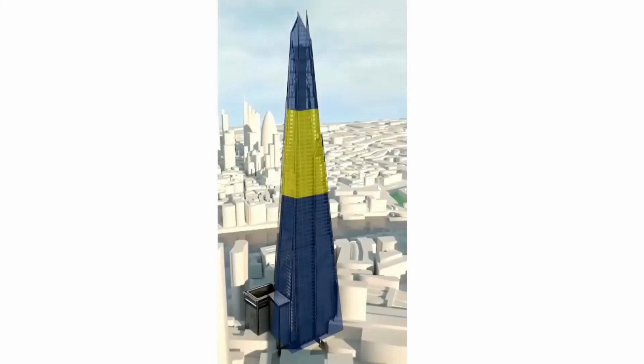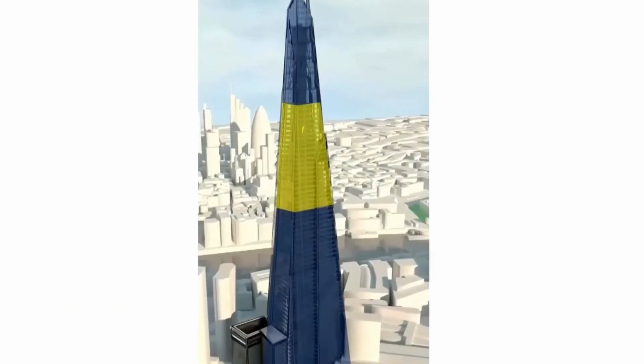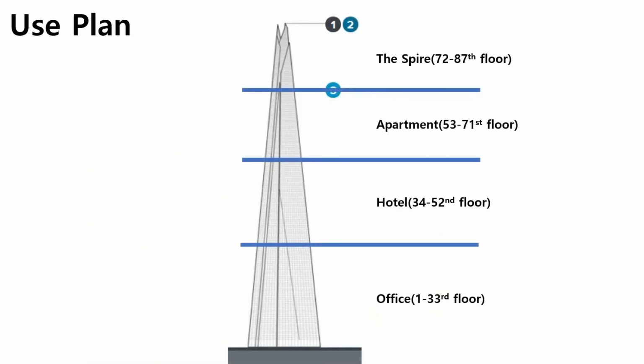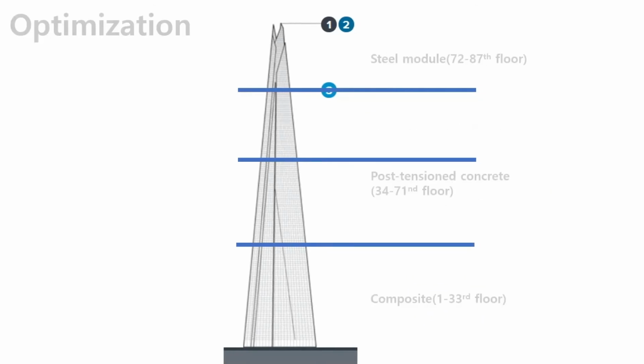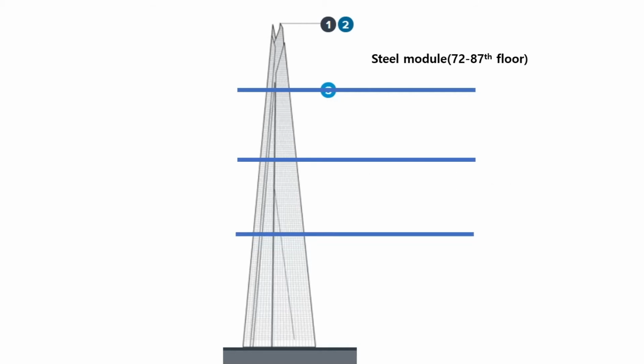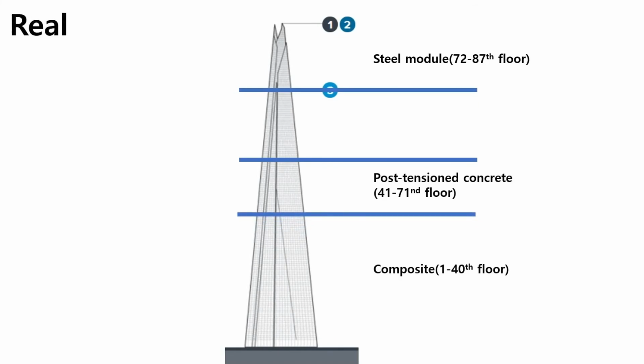Finally, I will talk about the method to connect different materials. To match the plan to use, post-tensioned concrete should start at level 34, but in reality, concrete starts at level 41.